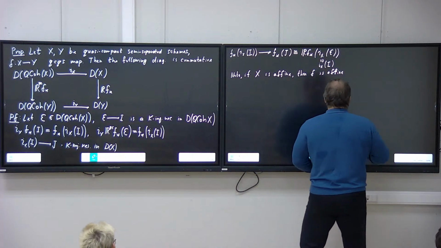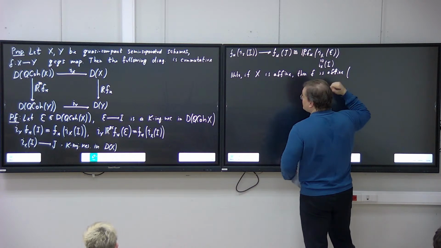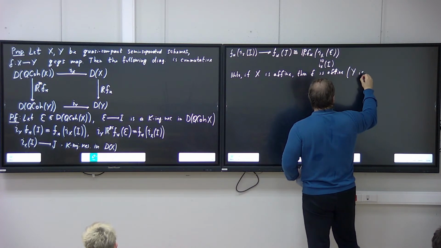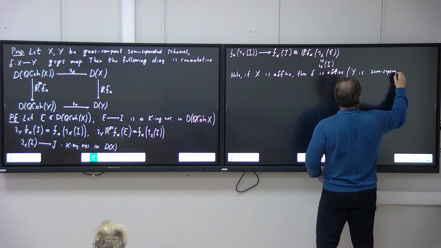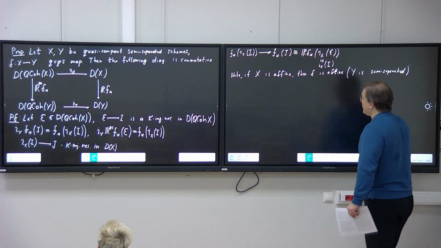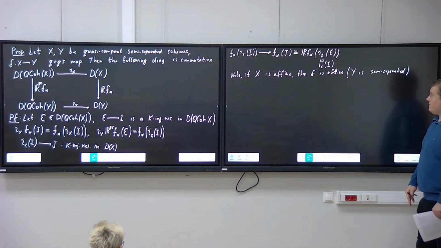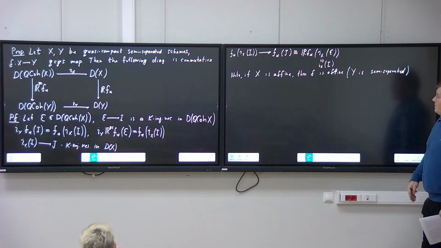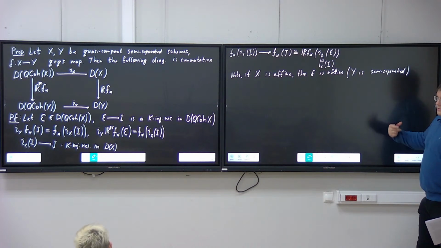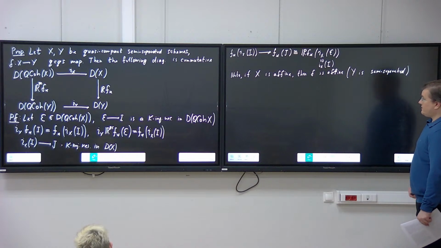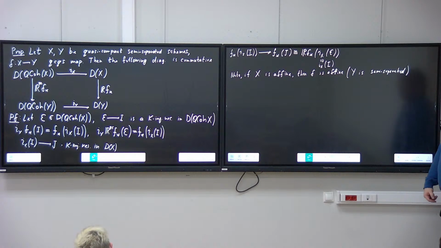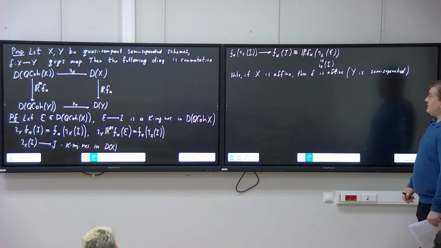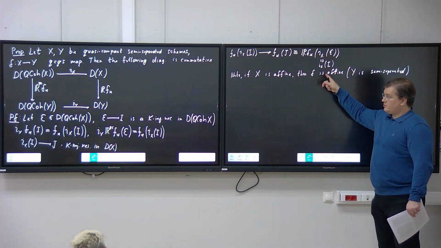This follows from the assumption that Y is semi-separated. Remember that semi-separated means that the intersection of two affines is affine. If you have a map from an affine variety, this map is also affine, since you can take an affine in Y and look at its pre-image, it's still affine. There are some details to check, so think about this as a simple exercise on semi-separated maps. But if the map F is affine, then we already know the statement.